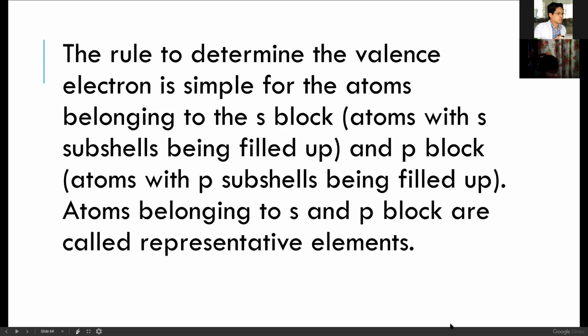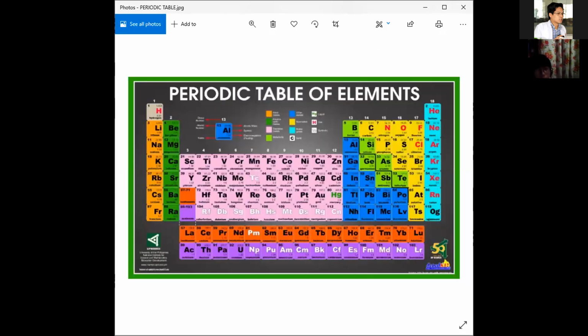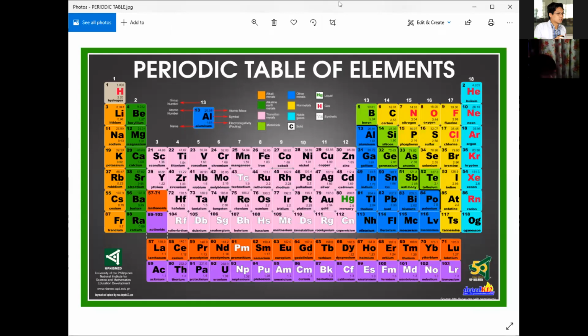Okay, let me share my periodic table of elements. If you have questions, please raise your hands. All right, so where are the S and the P blocks? If this is your periodic table, the representative elements are found in groups 1, 2, 13, 14, 15, 16, 17, 18.